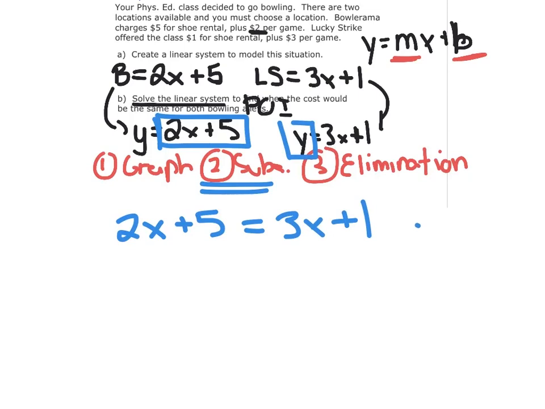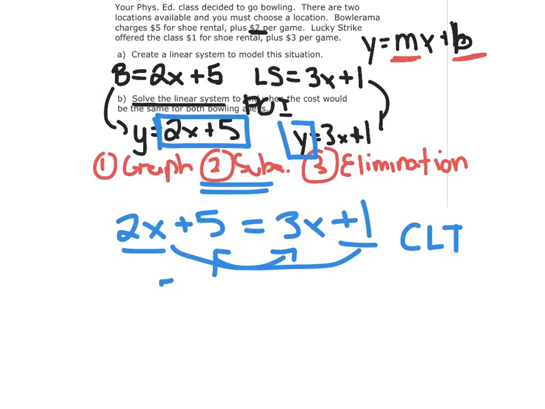Now we collect like terms. I'm going to move the 2x to the other side and the 1 to the other side. So when I rewrite it, I get 5 minus 1 equals 3x minus 2x, and I get 4 equals x.